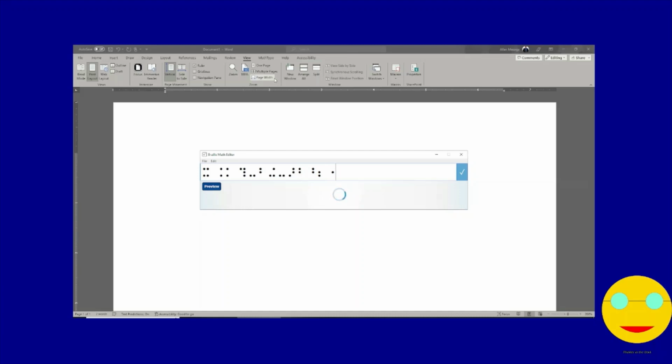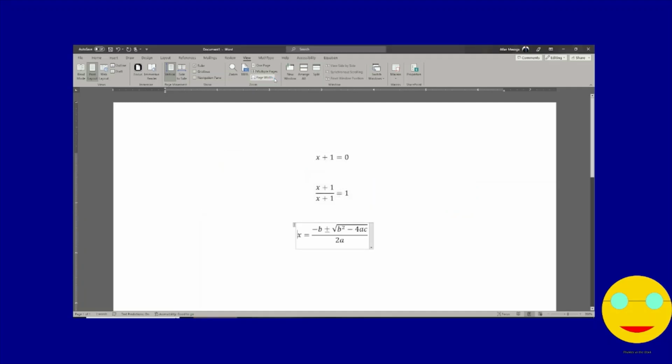Dot 5 is our baseline symbol. Then minus dash 4 ac close radical right bracket all over slash 2 2a close fraction. Number. Then press enter. Document 1 dash word blank. Math content x equals fraction negative b plus or minus the square root of b squared minus 4ac over 2a.